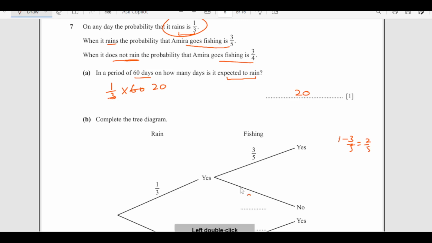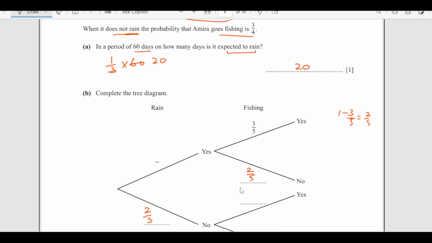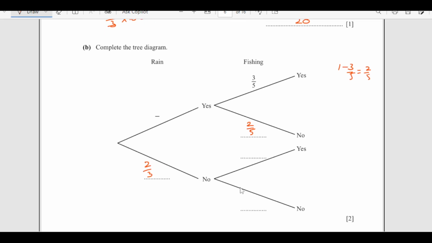So this is going to be 2 over 5 over here, right? Then the next one we have, when it rains, and this is supposed to be 1 over 3 actually.